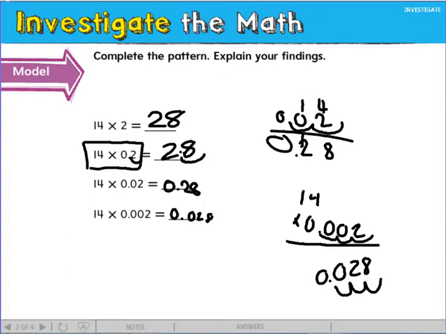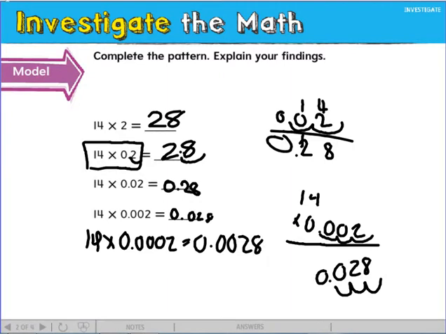Okay, so you can see. Do you see the pattern for me? By looking at this, you should be able to tell that if I had another problem that was 14 times 0 and 2 10,000ths, my answer would be that.